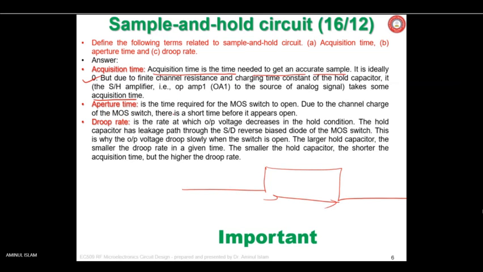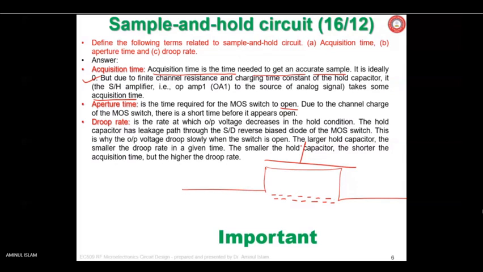Then aperture time is the time required for the MOS switch to open. Open or close, both take a little time because charge has to flow. So suppose in your MOSFET channel you have charges. Electrons will be there. When it is on, charge carriers are flowing, isn't it?